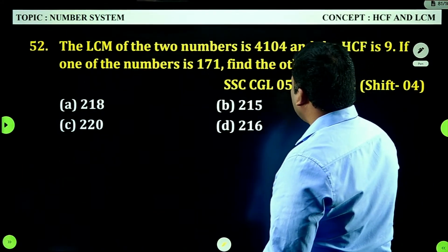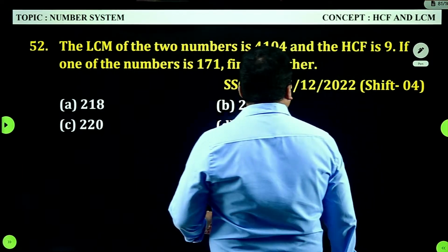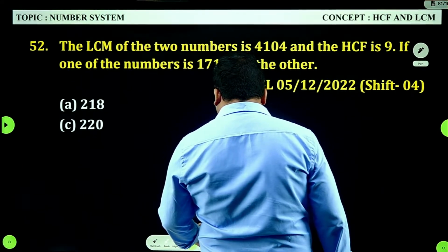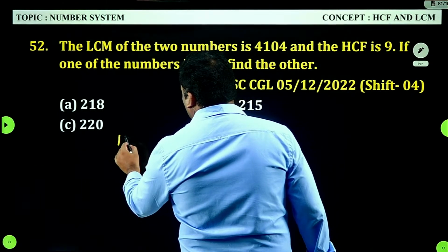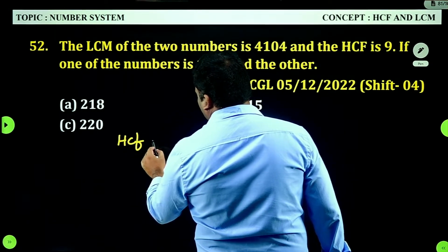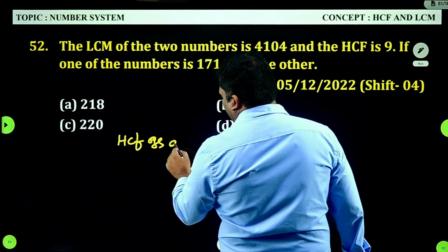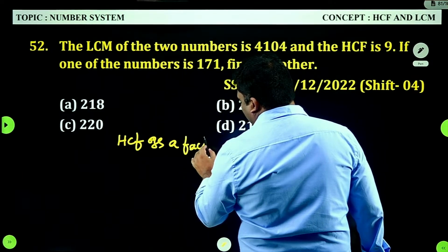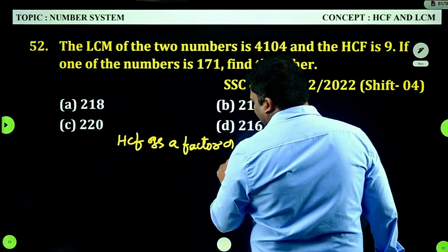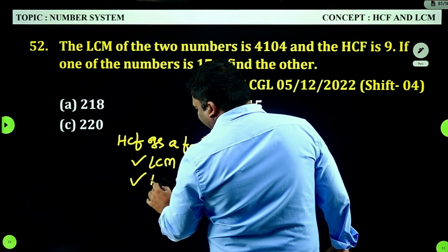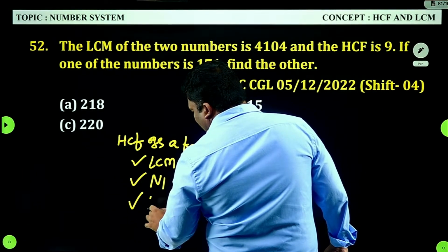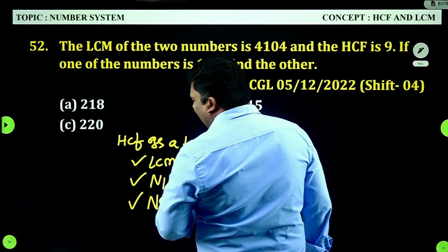Now, if you see the LCM of the two numbers, what is the concept? HCF is a factor of three things you should know: HCF is a factor of LCM, HCF is a factor of one number, HCF is a factor of another number.